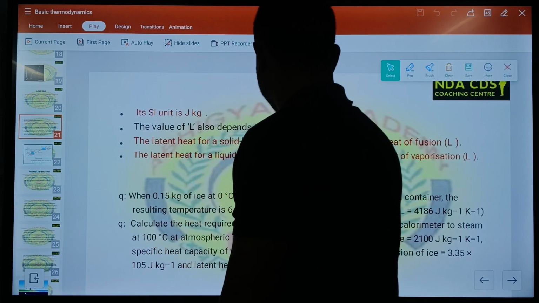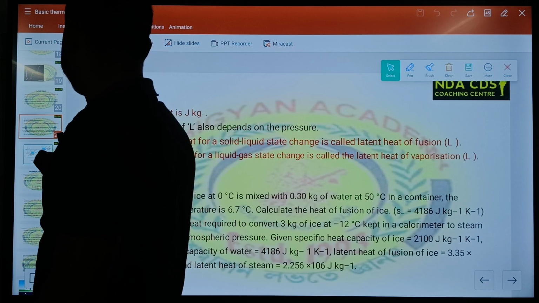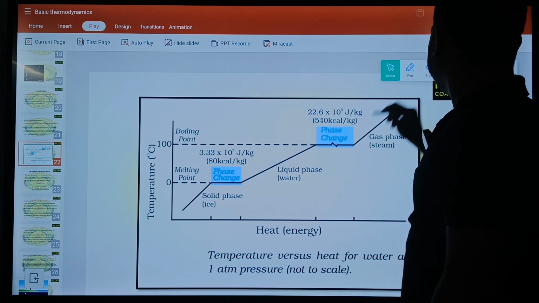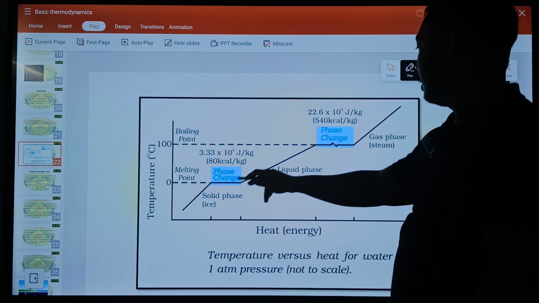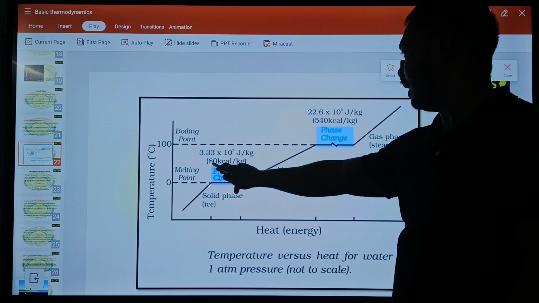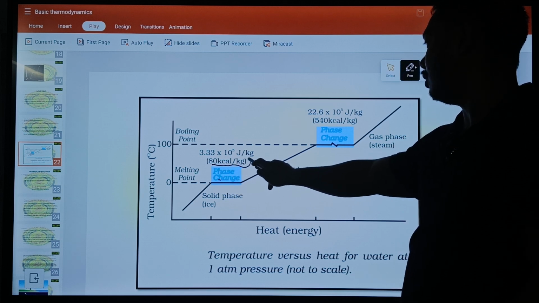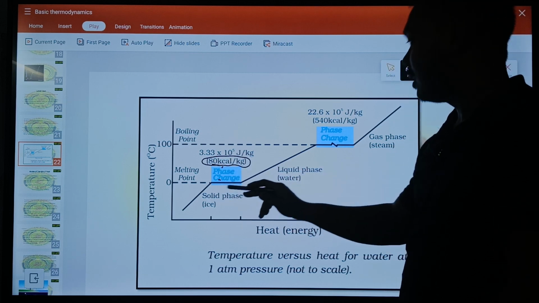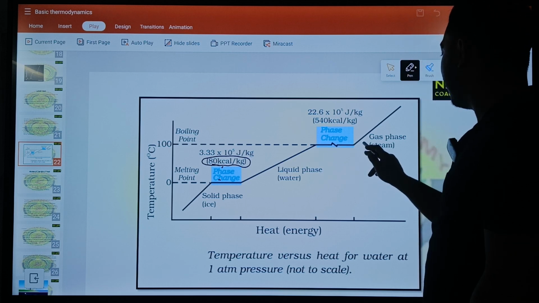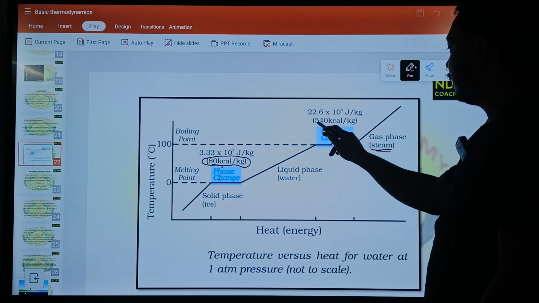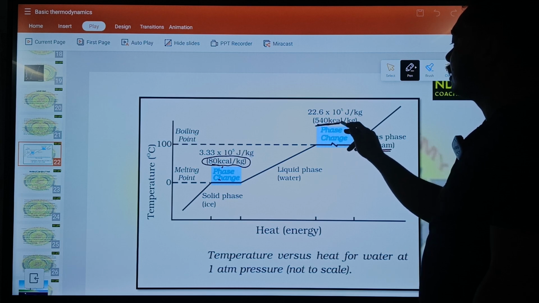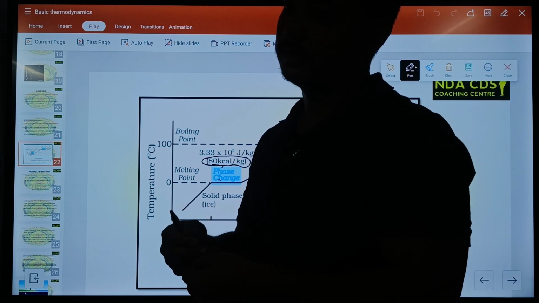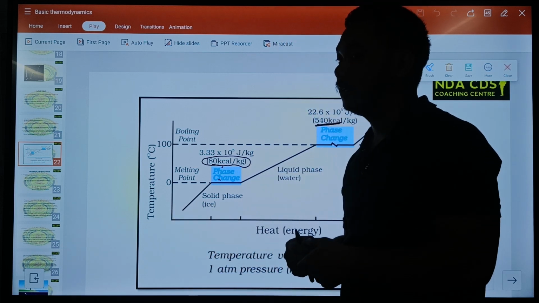Fine, you don't need to do this, but it's easy also. Anyway, this is the latent heat graph. See here, look at one thing. When solid changes to liquid, the energy is 80 kilocalorie per kilogram. And when liquid changes to gas, like steam or vapor, see the energy. That's why steam burns more than, say, boiling water.